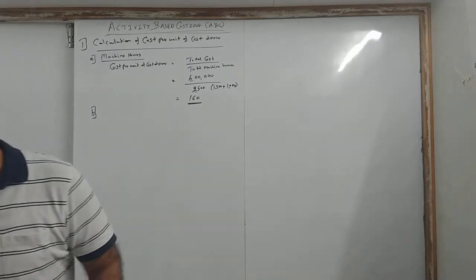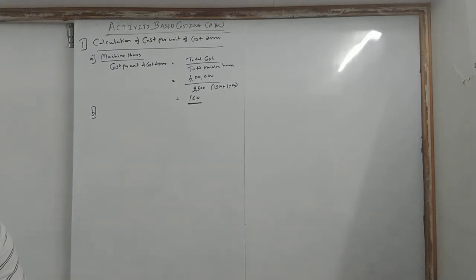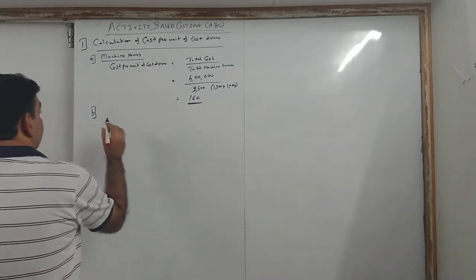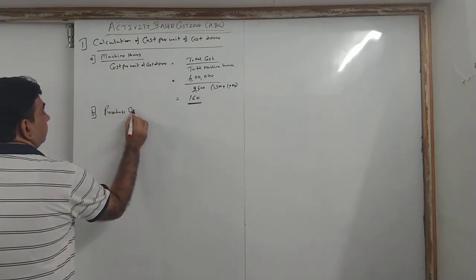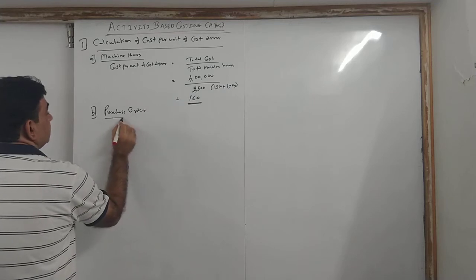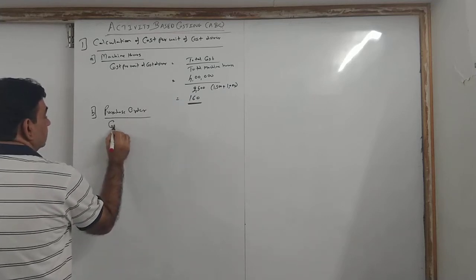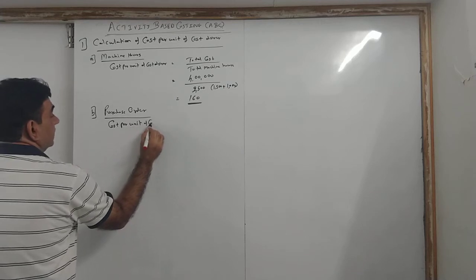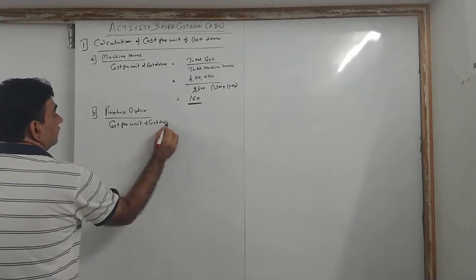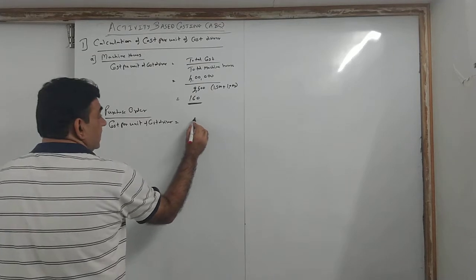Purchase order. Okay? Second thing given is purchase order. So go by that, same. Purchase order again, cost per unit of cost driver. Same formula.